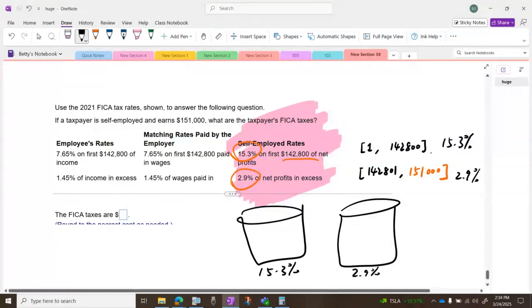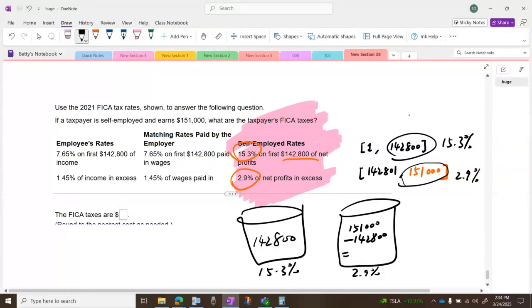In the first bucket, we're going to have $142,800. In the second bucket, we are going to have this number minus this number, as I mentioned before, right? 151,000 minus 142,800.